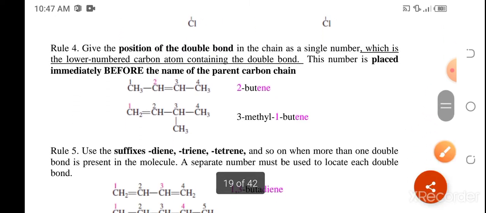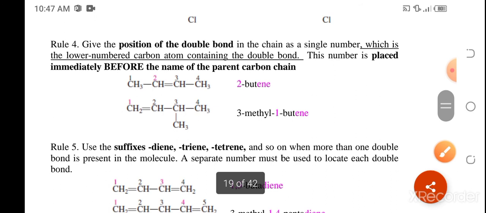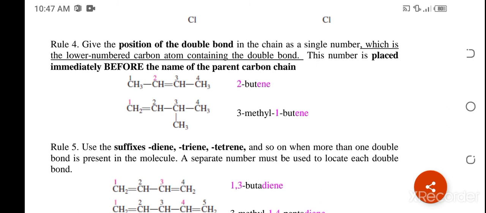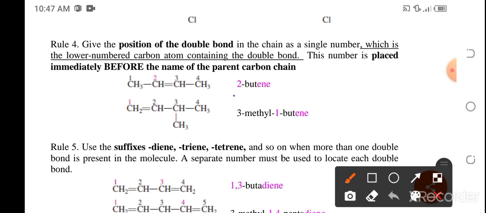Okay? Then rule number 4, so if you are now established with the name of the parent chain as well as the numbering system, what is new about alkene is that you are putting the position of the double bond in the name of the hydrocarbon.